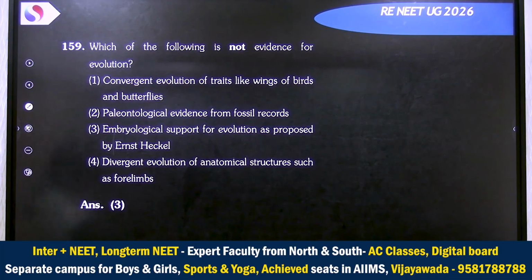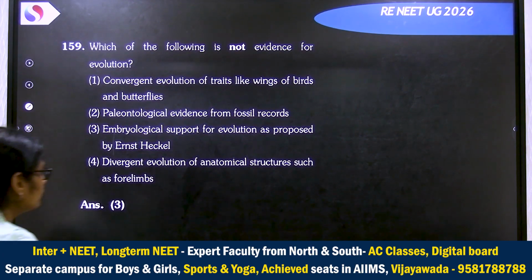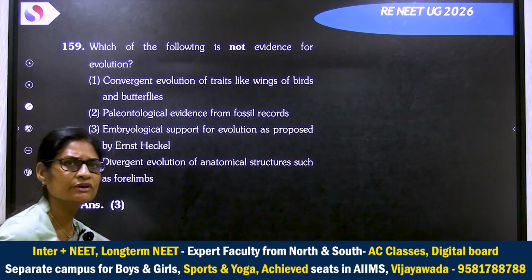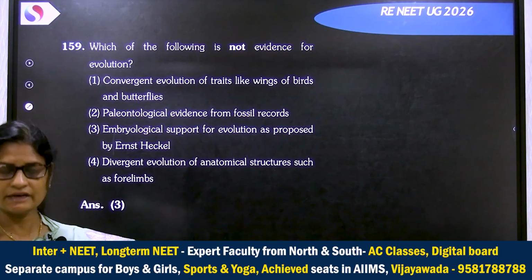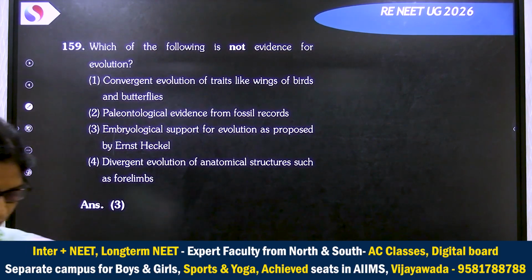If we move to the next question, which of the following is not evidence for evolution? So, how many evidences are there? Paleontological evidence, embryological evidence, morphological and anatomical evidence, biochemical evidence.